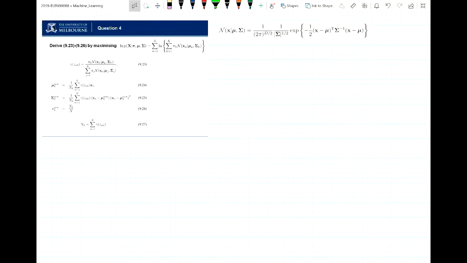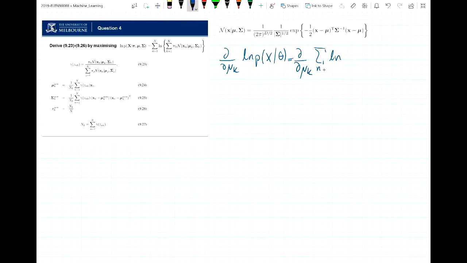So we want to take the derivative of the objective, essentially. We want to take the del ln del with respect to mu k. If I take the derivative of the sum, which is ln p of x given theta, and theta are the parameters, that would be the same as this sum ln.